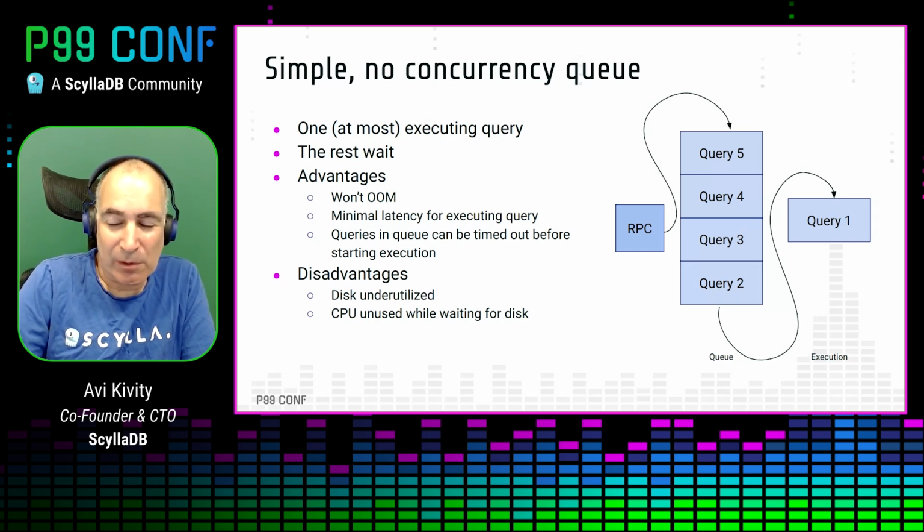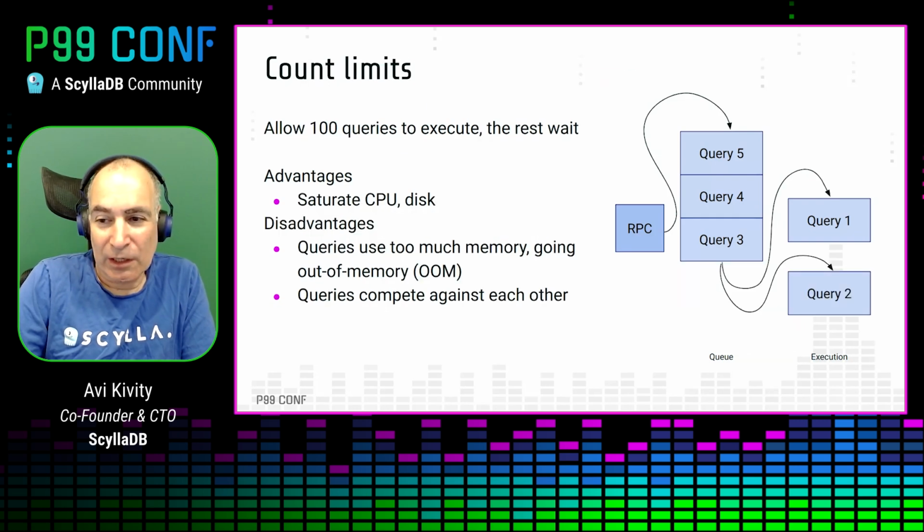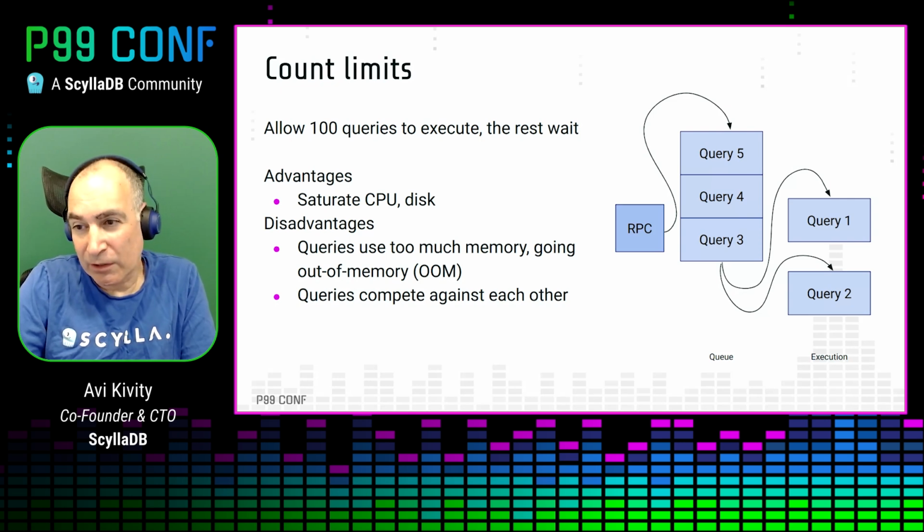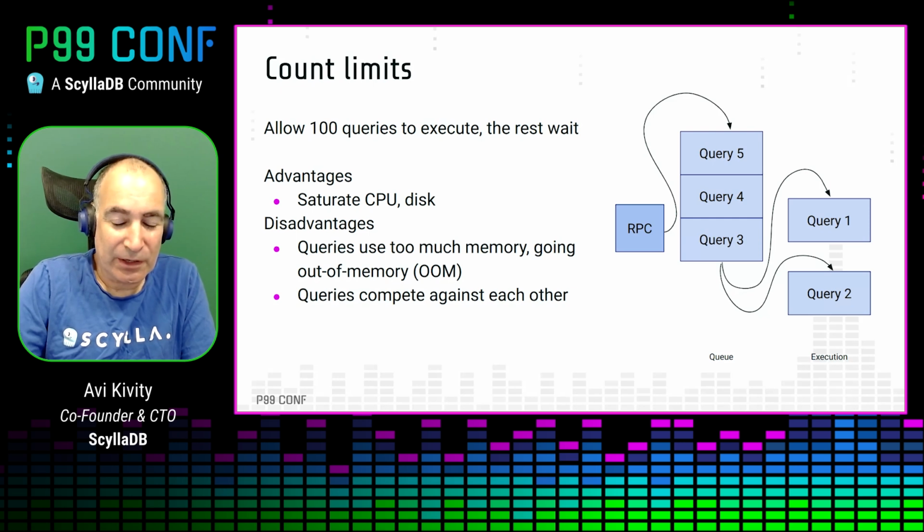We started with something a little bit more complicated. So what we did was start with a semaphore instead of a simple queue. And the semaphore allows 100 queries to execute in parallel. On the diagram, I have 2, and the rest wait. So this gives the ability to saturate the CPU and saturate the disk.